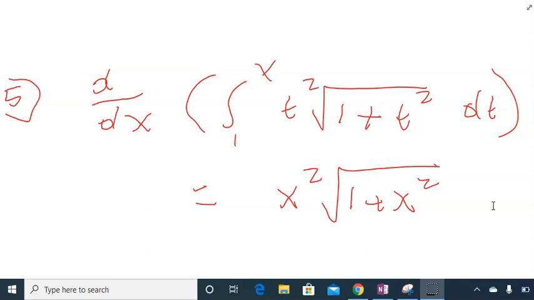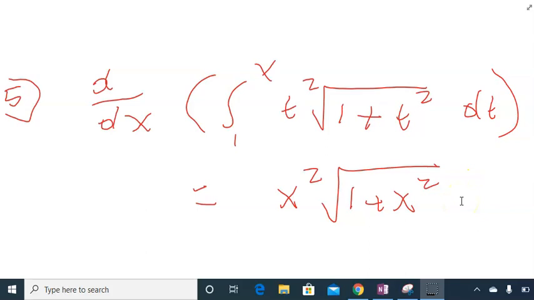Fundamental theorem of calculus 1. You can remember that the derivative of the special integral is going to be this integrand evaluated at x. So the t squared square root of 1 plus t squared dt all becomes x squared square root of 1 plus x squared, and we're done.